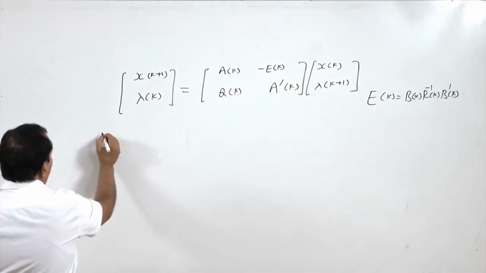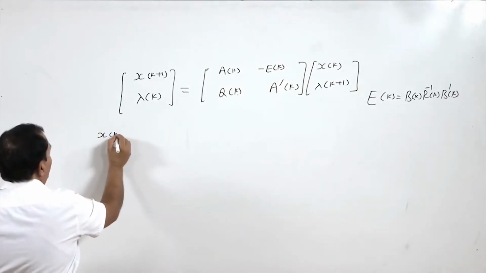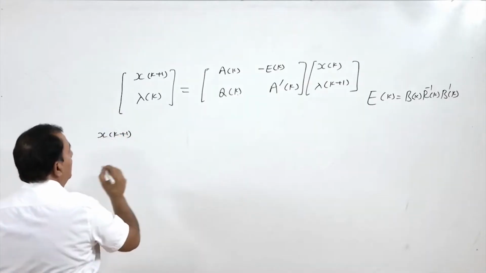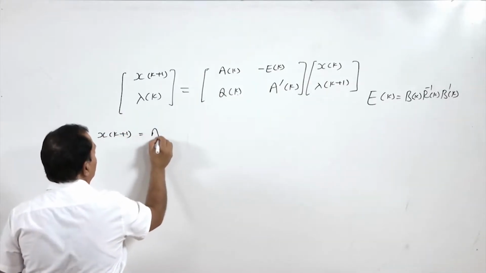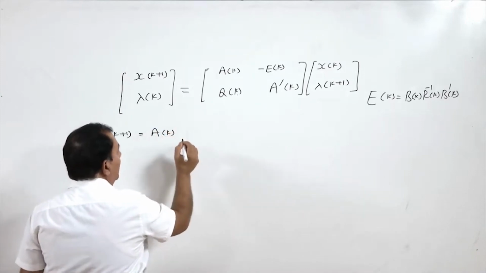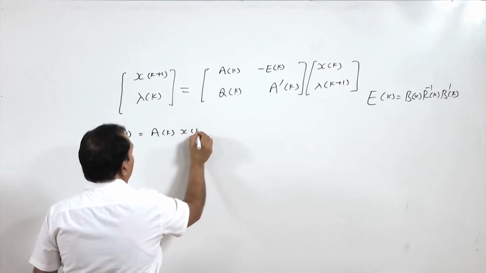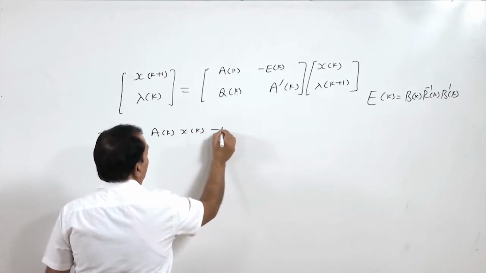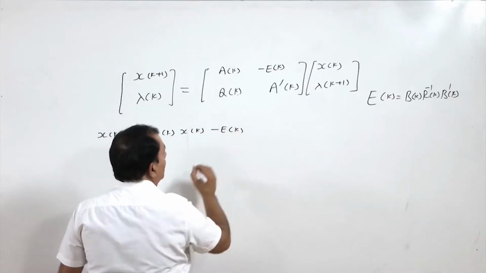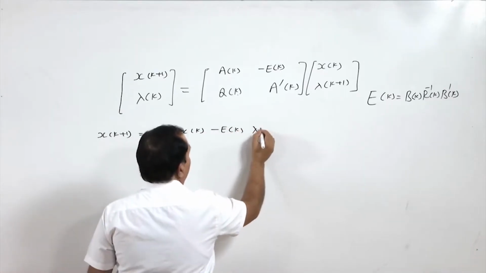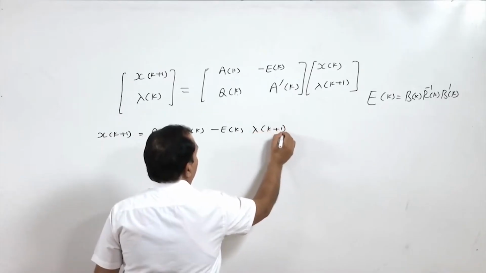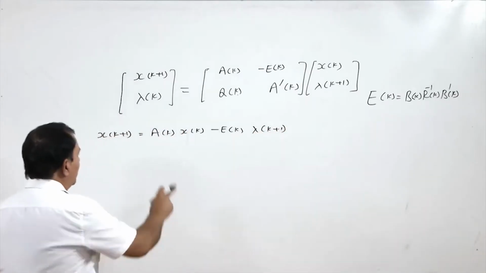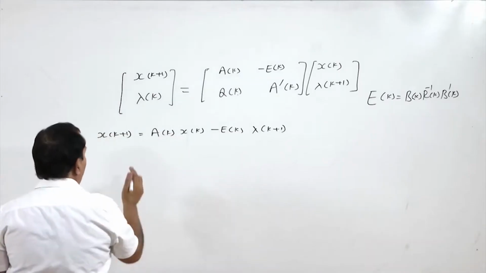So, if we write the first equation, this is x of k plus 1 as A k x k minus E k lambda k plus 1. My objective is to represent this in terms of the x k.